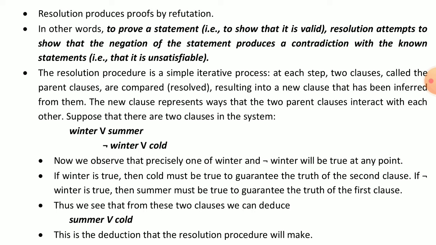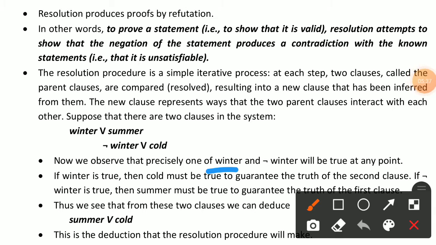Now we observe that precisely one of winter and not winter will be true at any point. We know that one season is winter, so at the same time summer is not possible. So we take winter at one time and not winter at another point.